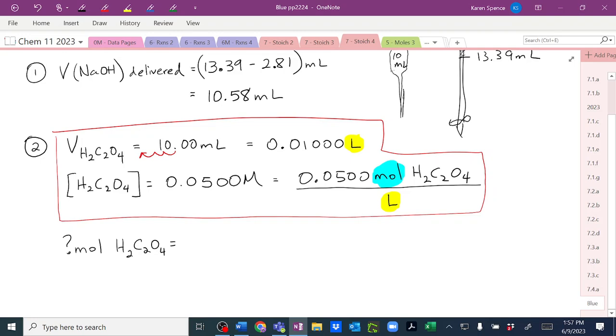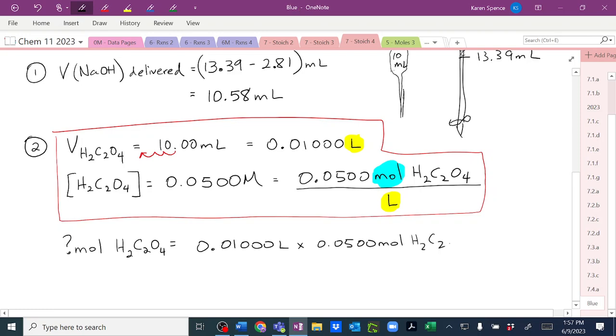Okay, so we have liters, and we have liters on the bottom, and we have moles, which is on the top. Oh my gosh, that's going to get us where we need to go. So we take our 0.01000 liters times 0.0500 moles H2C2O4 per liter.